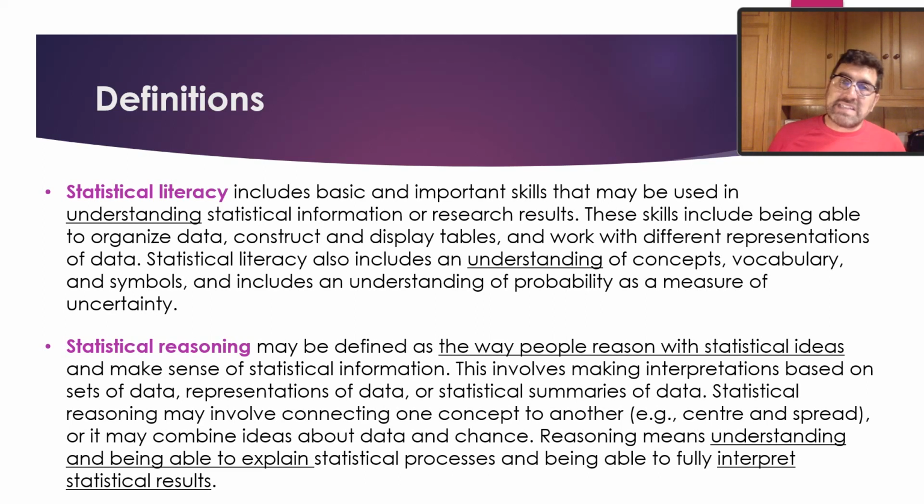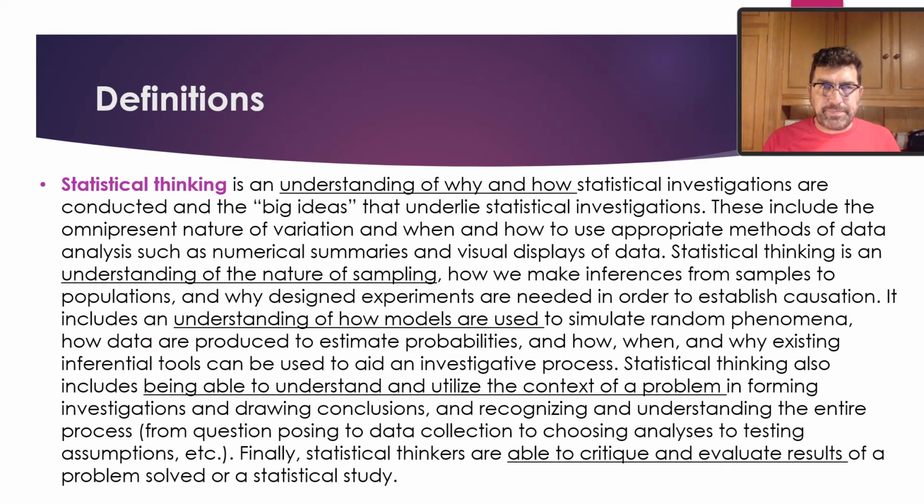Example, center and spread, mean, standard deviation. Or it may combine ideas about data and chance. Reasoning means understanding and being able to explain the statistical processes and being able to fully interpret the statistical results.